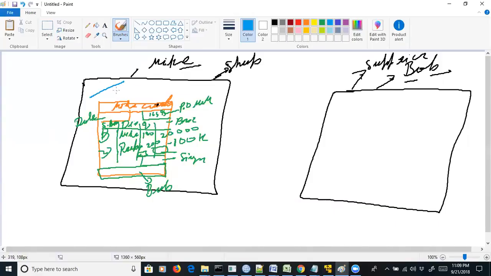So how to create an envelope? So suppose this is the envelope. Okay. So this is my envelope. He will write the receiver address and the sender address, and then his own address somewhere, right?